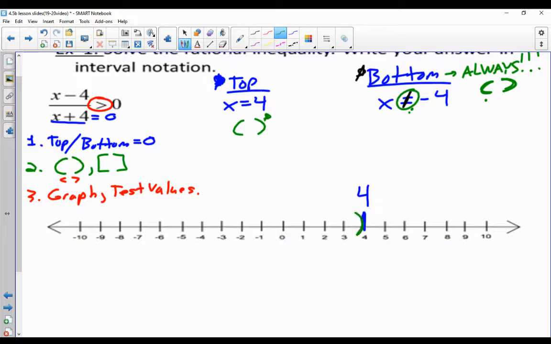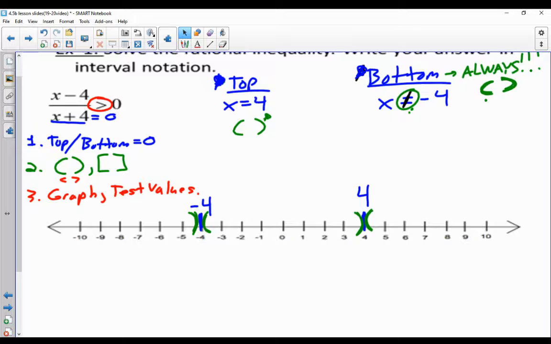So let's go ahead and just put open parentheses around the 4. Okay? Now, let's put the bottom of negative 4. And since it's specifically not equal to negative 4, and it has open brackets, that's why we're going to put open brackets around that as well.